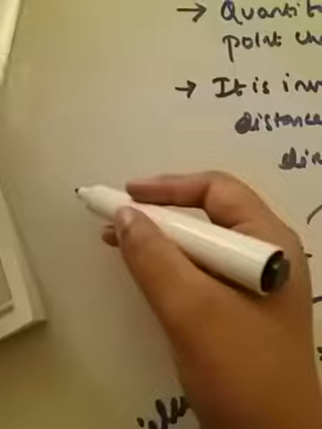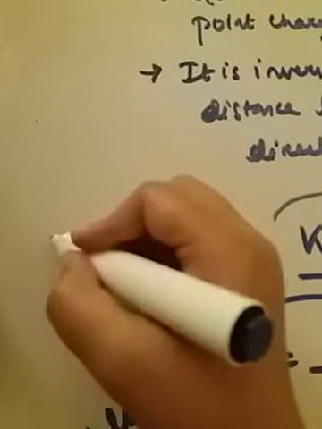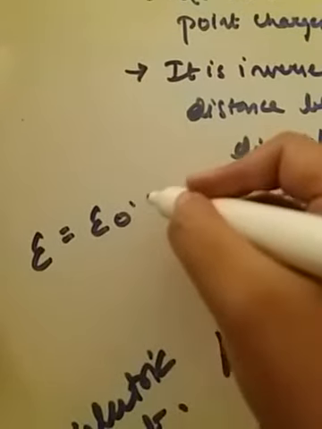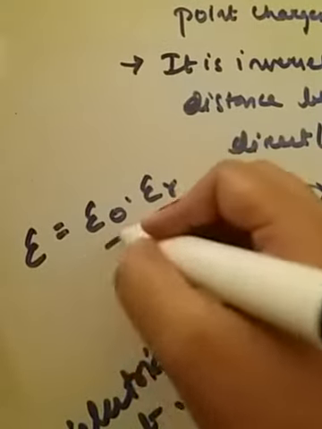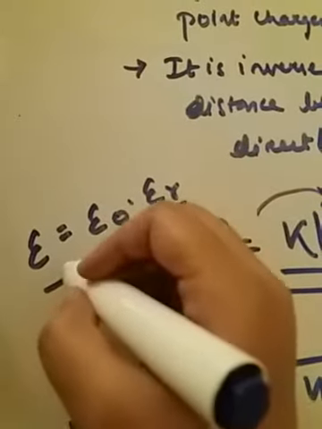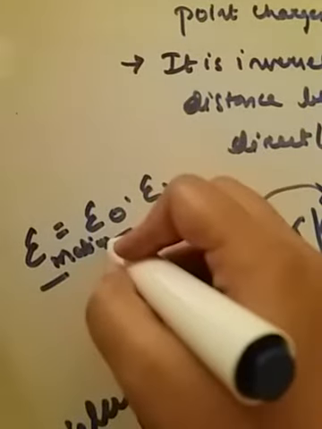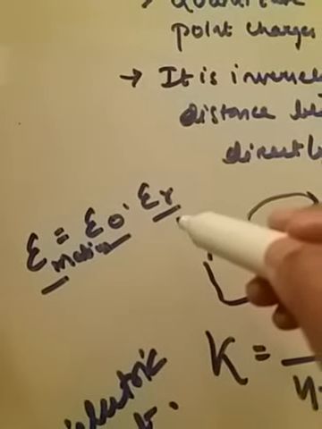And always remember one more formula. Epsilon of medium is equal to epsilon naught into epsilon r.